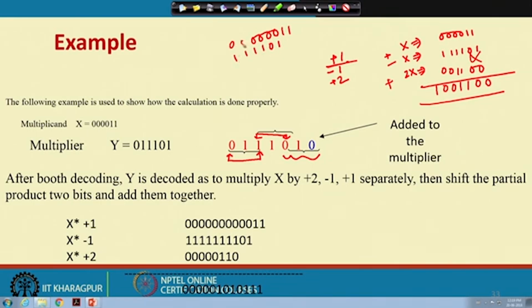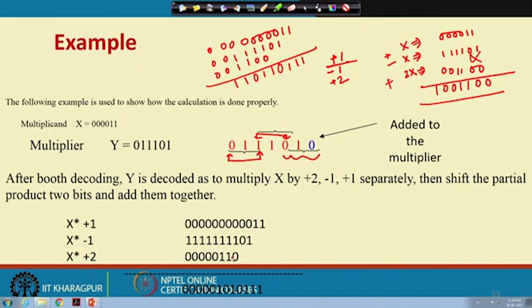So, this is all 0. Then again 2 bit shift and this 2x will start from this particular position. Okay. So, if I just want to add, then 1 0 1 1 0 1 1. Again, what happened?